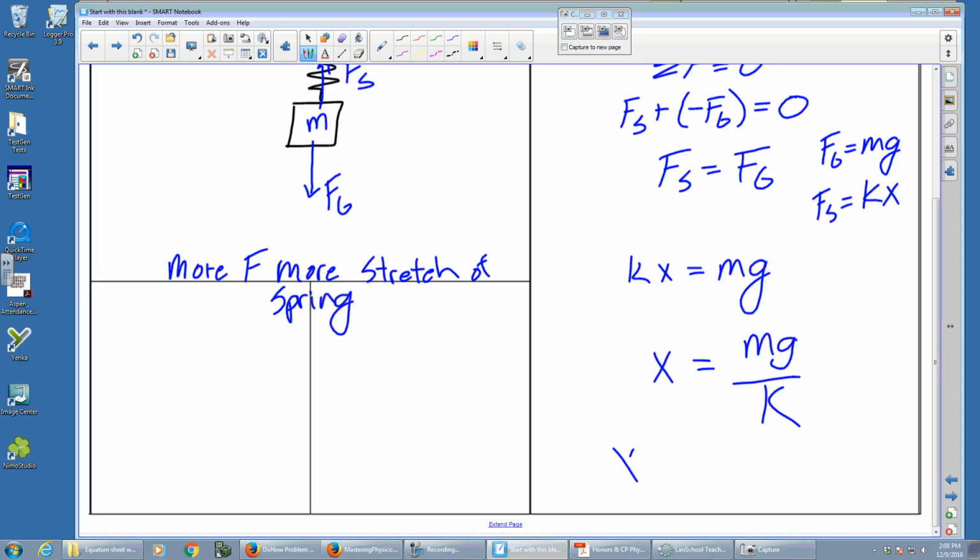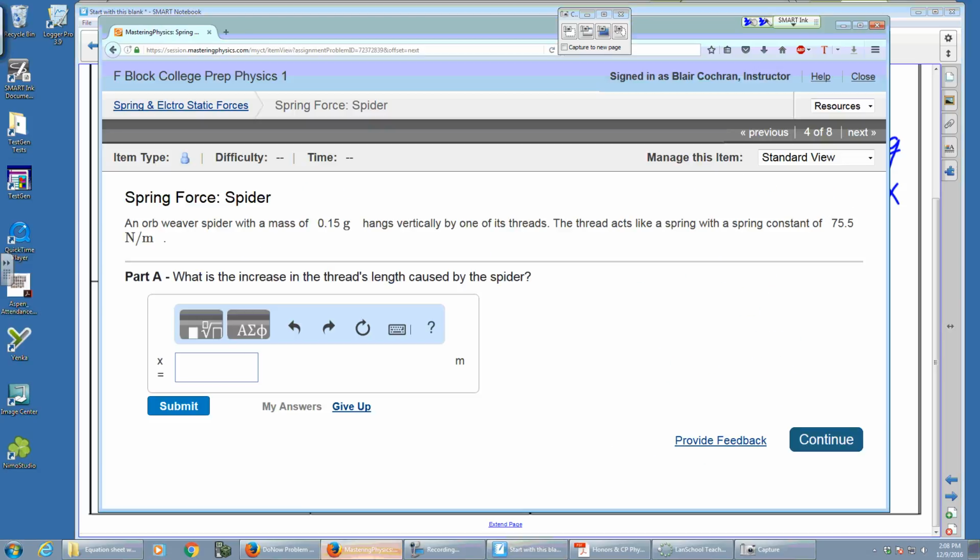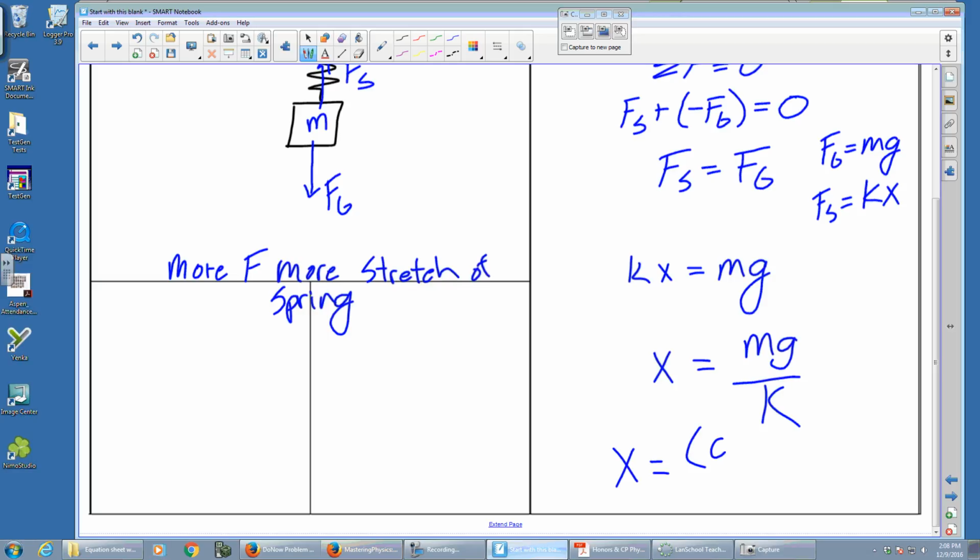Right, and then now it's just substituting in. My mass, I gotta make sure I put that in kilograms though. So let's see, kilo, 1,000. So I gotta move it 3 to the left. So I'm gonna have 0.00015 kilograms.